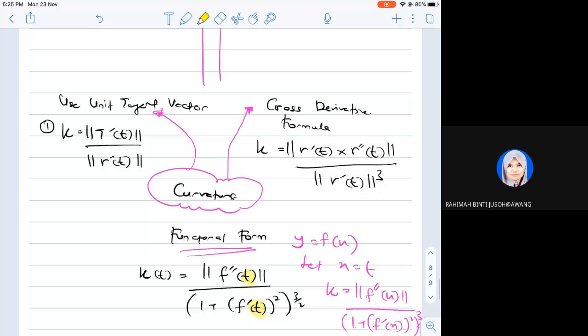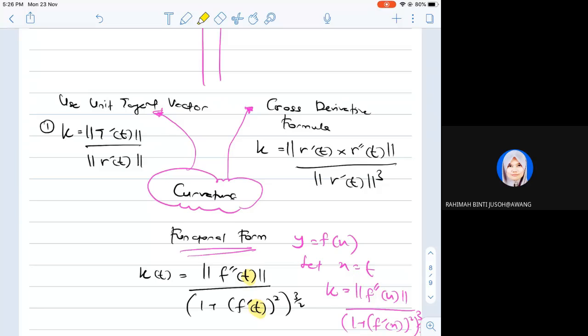And if you ask me what's the difference, the previous section, the morning class asked, what's the difference between the tangent vector formula and the cross derivative formula? Actually both will give you the same answer. However, the tip is like this.